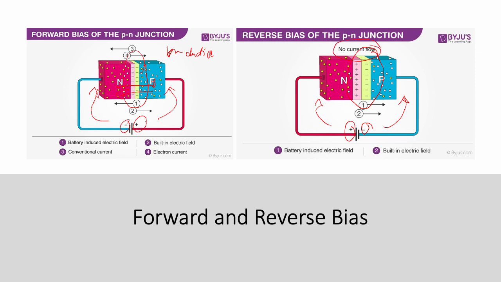In conclusion, PN junctions are fundamental building blocks for various semiconductor devices. In diodes, they allow the control of current flow in one direction, permitting current to pass in the forward bias condition and blocking it in the reverse bias condition.